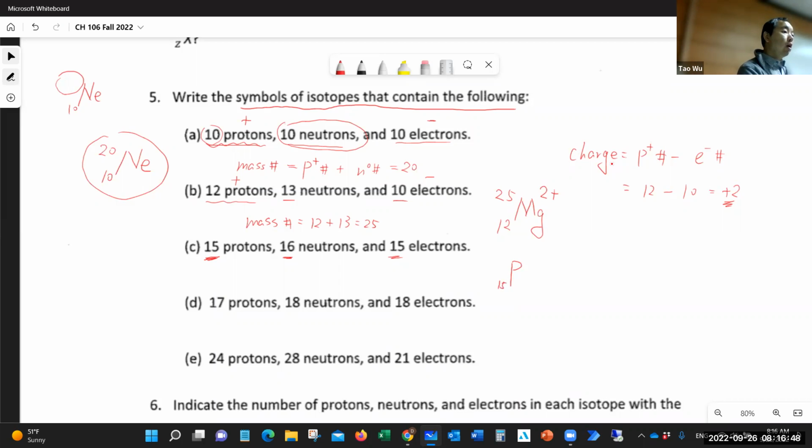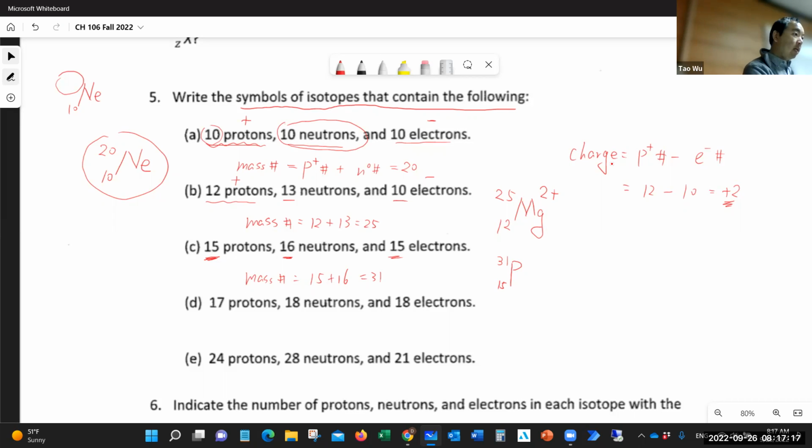The mass number is 15 protons plus 16 neutrons, so in total we have 31. I'm going to write 31 here. Is there any charge? We have 15 protons and 15 electrons, so there's no charge, and you don't have to write anything. Then that is the symbol for this kind of isotope.